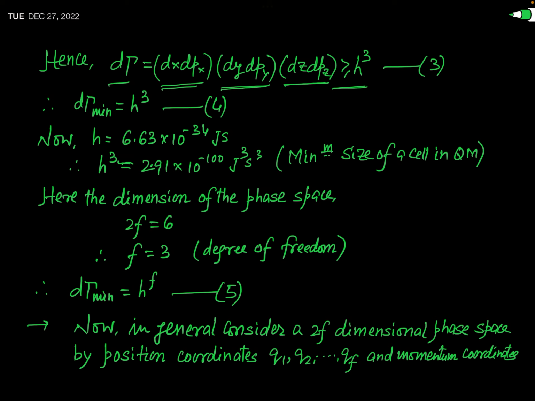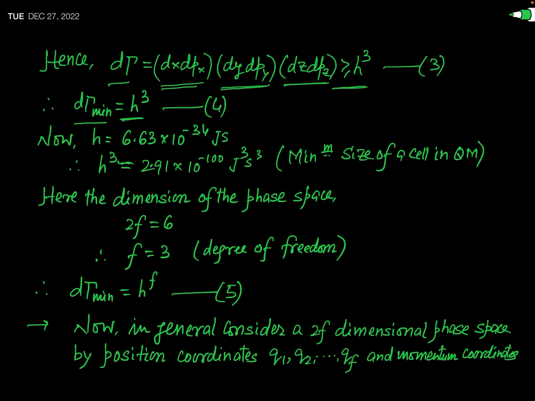It means the volume of the phase cell in accordance with quantum mechanics will never be less than h cube, where h is Planck's constant. What will be the minimum value of a phase cell? For the minimum value, we take the sign of equality, so d gamma minimum equals h cube.